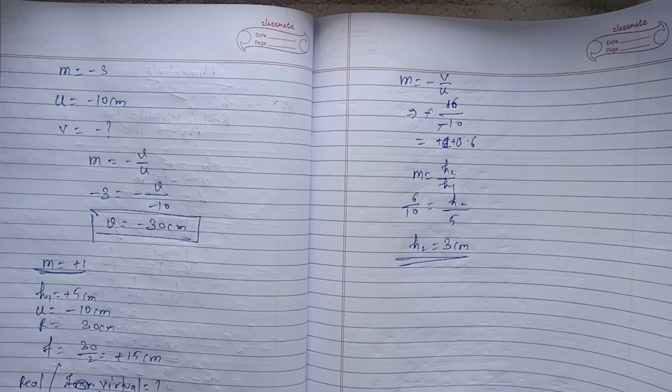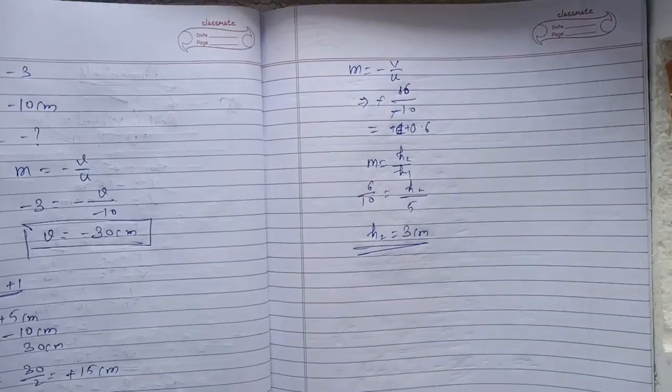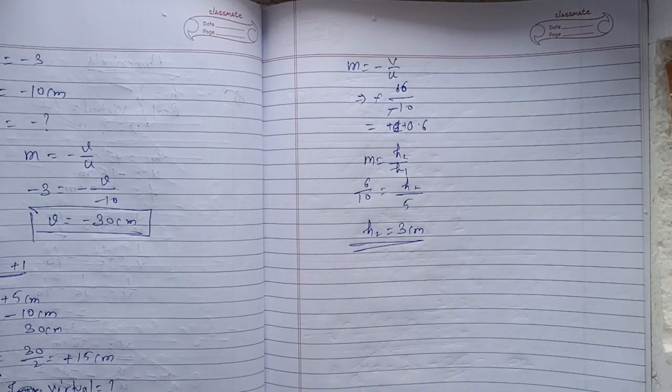Okay, so now we are going for the next part of this chapter. Now we will go for refraction of light. Reflection of light we have finished, and depending upon that we have finished the mirror also, in every case of the mirror. Now we will jump to refraction of light, and after that we will study about lenses.